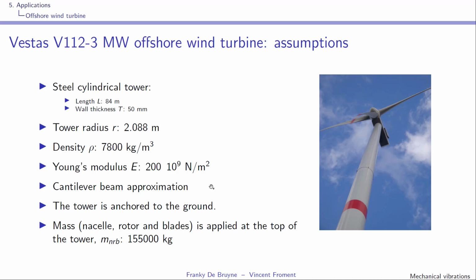As I said before, we'll use the cantilever beam approximation. We'll assume that the tower is anchored to the ground, and as in the paper, as we're interested in a vibration analysis of the tower, we'll assume that there is a mass, that is the total mass of nacelle, rotor and blades, that is applied on top of the tower.